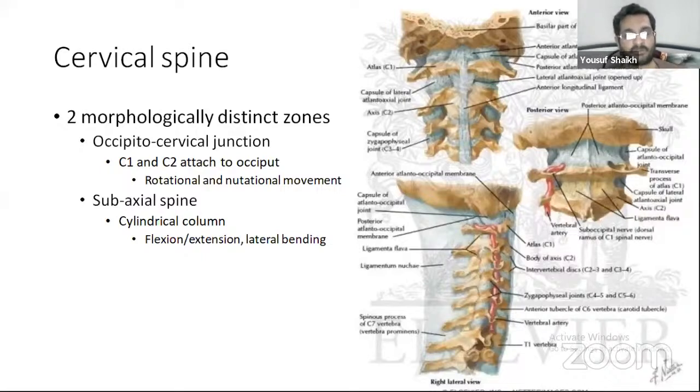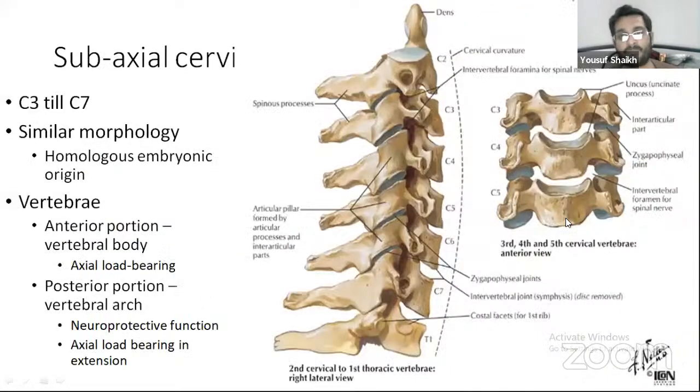So considering the cervical spine, we know that we divide it into two major aspects, the upper and lower. The lower cervical spine is what we call the subaxial cervical spine that extends from C3 to C7. And the predominant movements are flexion, extension, and lateral bending. If we look at the diagram of the cervical spine, we can appreciate that unlike C1 and C2, the rest of the subaxial cervical spine has more or less similar morphological features.